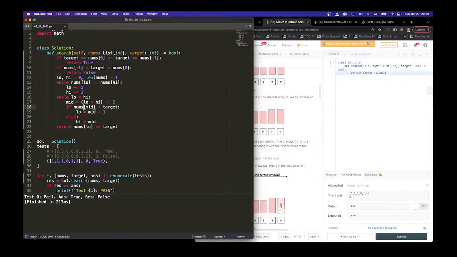And then we can say if nums mid is smaller than target, okay? So target is bigger. So nums mid, well, that's what it depends on. Then we can see where this thing is.